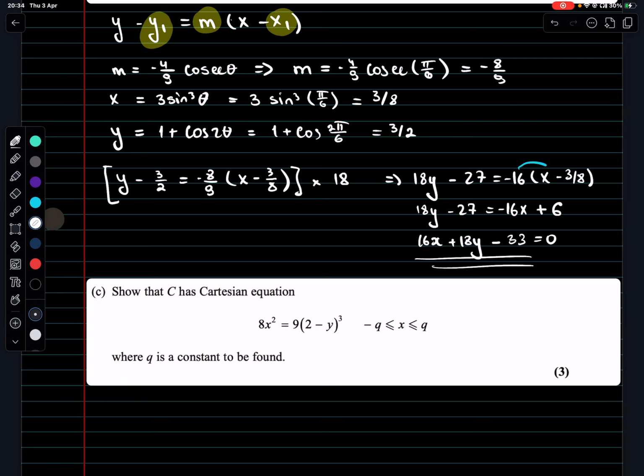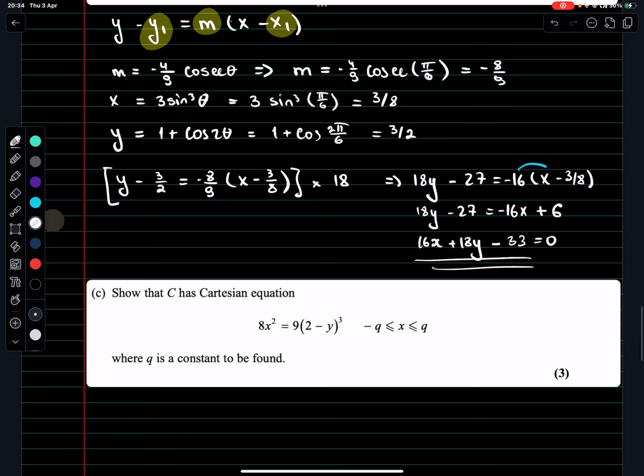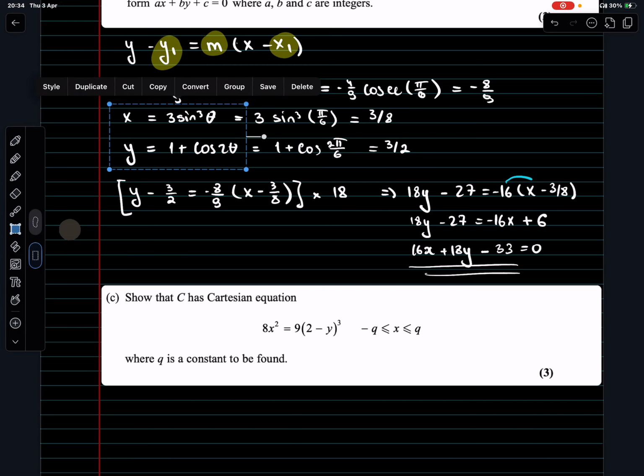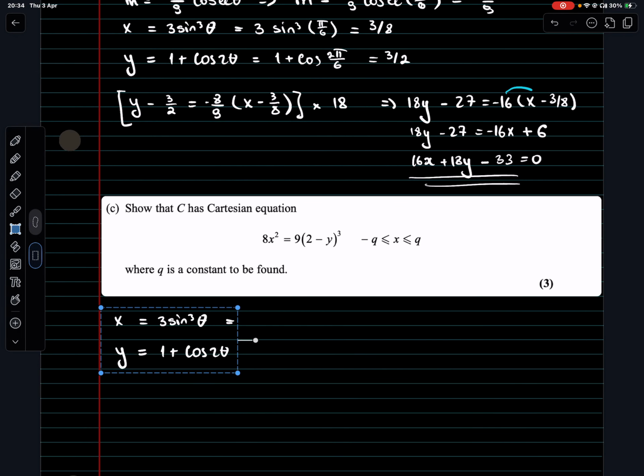Okay, so it's done. In the next part of this question, they say show that C has a Cartesian equation, something like so. Let me copy the equations from here. I'm going to be working on these equations. Okay, so here's the thing.